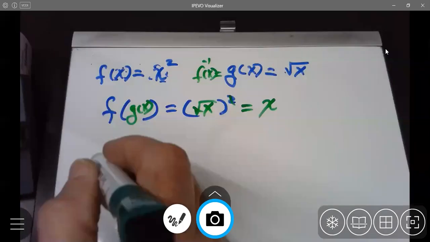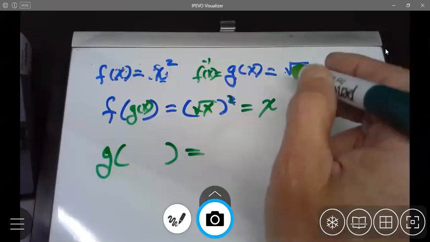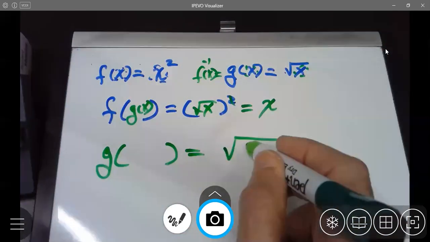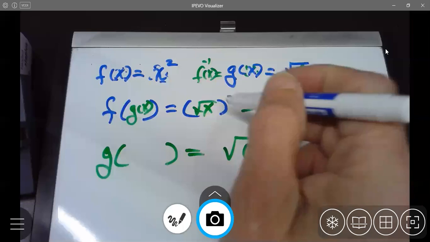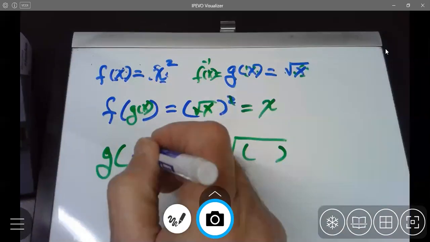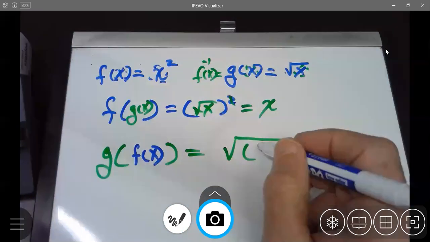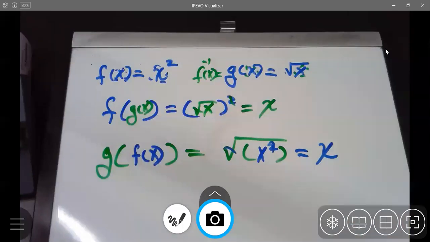Now if we were to write this as g composed with f, we cut the x out. So this would be the square root, and now we put the f of x inside. For f of x, that was x squared. So again, the square and square root cancel and all we get left is x.